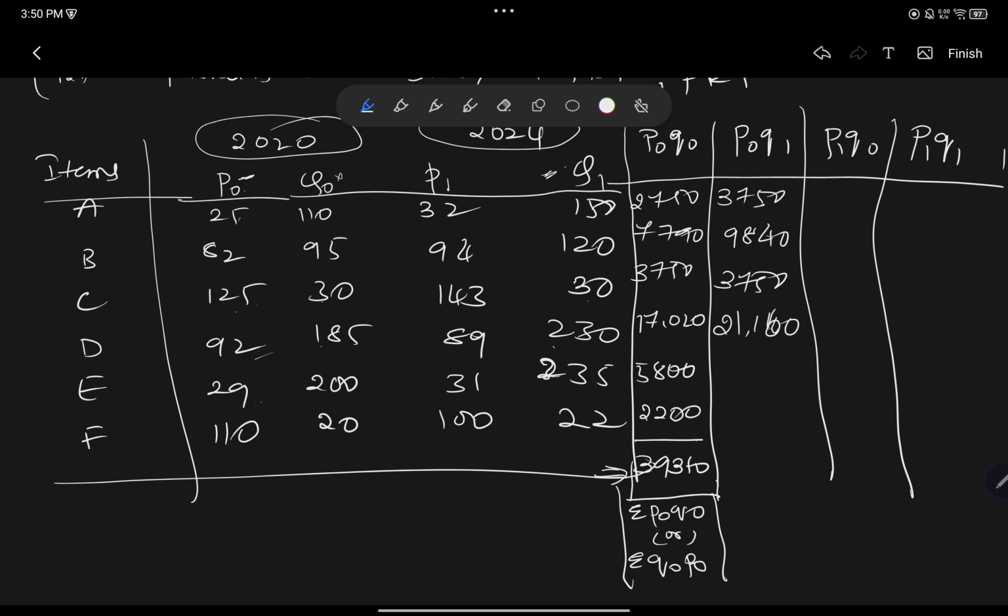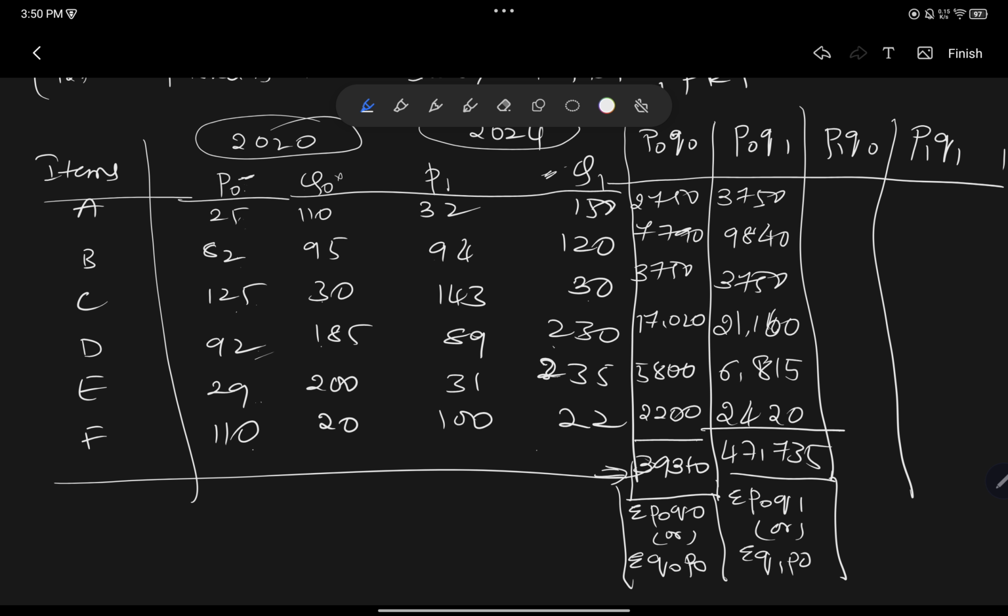Next, 29 into 235 is 6,815. Next, 110 into 22 is 2,420. The total of this now, 3,750 plus 9,840 plus 3,750 plus 21,160 plus 6,815 plus 2,420. Total is 47,735, which is summation of P0 Q1 or summation of Q1 P0.